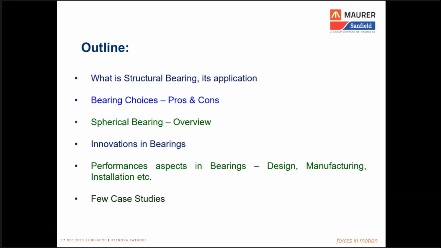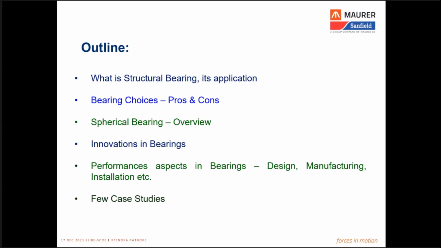So in today's discussion, we will be starting with the basics, of course, that what exactly is a structural bearing by its definition and where it is used, what are its applications. Then we will be going through the different options of bearing systems, what are their individual advantages and limitations.